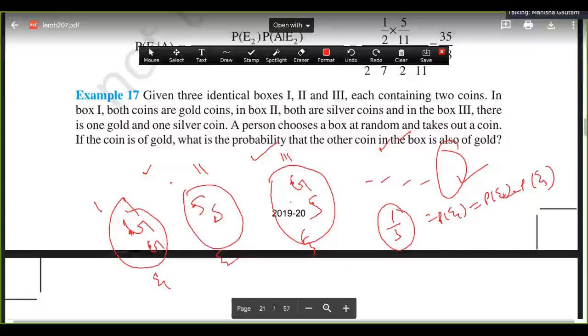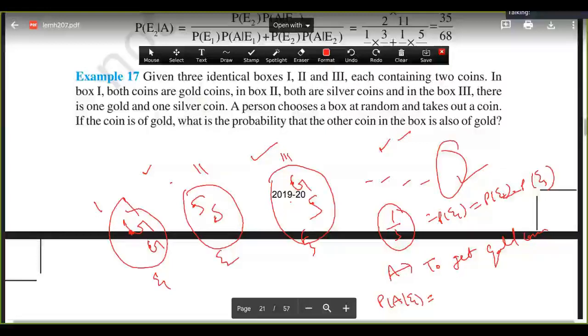Now you want a gold coin. Getting a gold coin is A. Now, probability of A if E1 is chosen, probability of A if E2 is chosen, probability of A if E3 is chosen, you have to calculate all this. Now, the second coin should be gold.